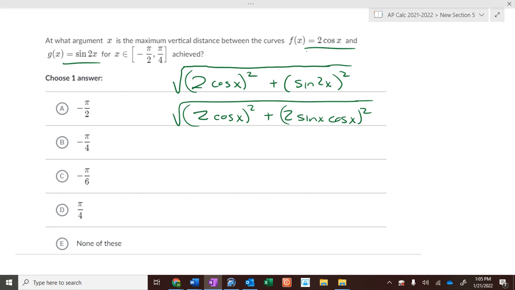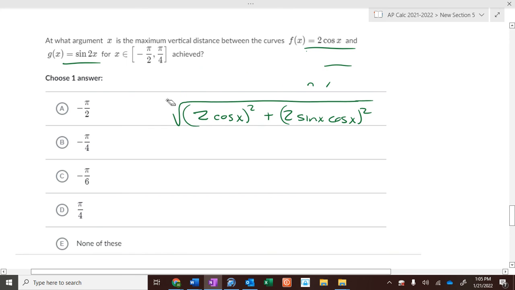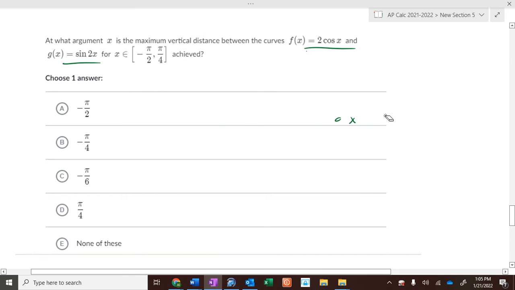Wait, actually, if we're just going maximum vertical distance, I think I can just subtract those two from each other because they're two y values. So just take 2 cosine of x minus sine of 2x, which is 2 cosine of x minus 2 sine of x cosine of x. There we go.